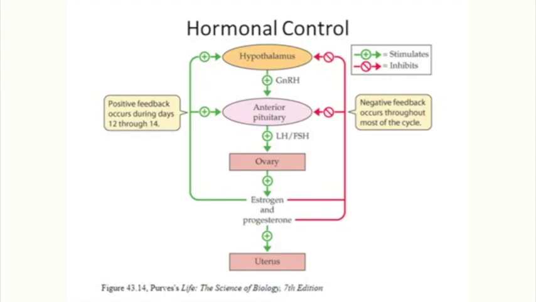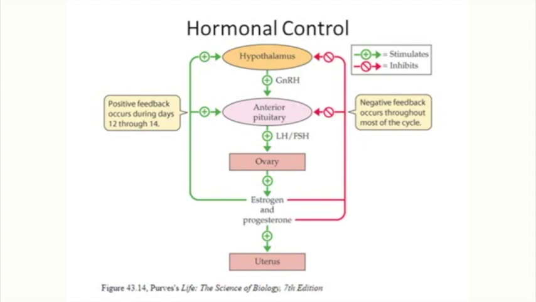You can see that the hypothalamus will control the anterior pituitary via gonadotropin releasing hormone that controls the two gonadotropin hormones, LH and FSH. LH and FSH in turn have receptors on the ovary, and they're going to control the ovary, stimulating it to produce two different types of hormones, estrogen and progesterone.